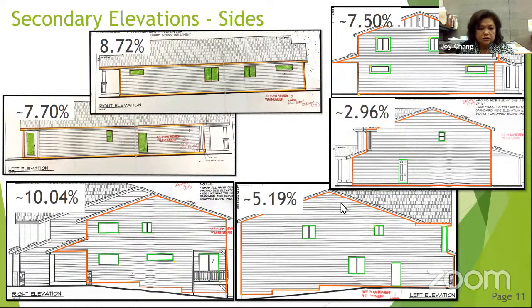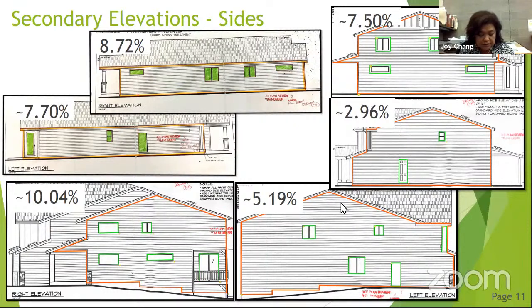Again, that also includes trim and shutters if they do apply. And based on these particular examples, only one met that requirement, but the percentages did increase once I did start calculating the percentage, including the trim and shutters.